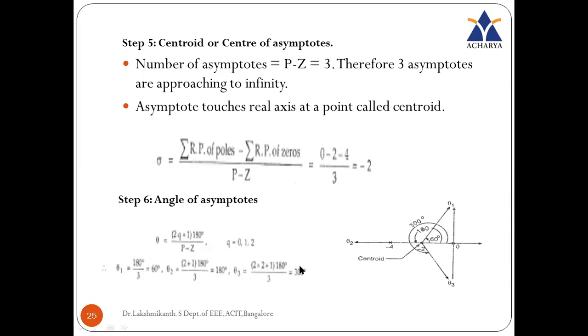But 300 degrees cannot be marked, therefore we take 360 and use a negative value. 300 minus 360 is minus 60 degrees. Take the centroid as -2, and then use a protractor to mark 60 degree and minus 60 degree angles, and 180 degree will be on the real axis. You need not mark them.